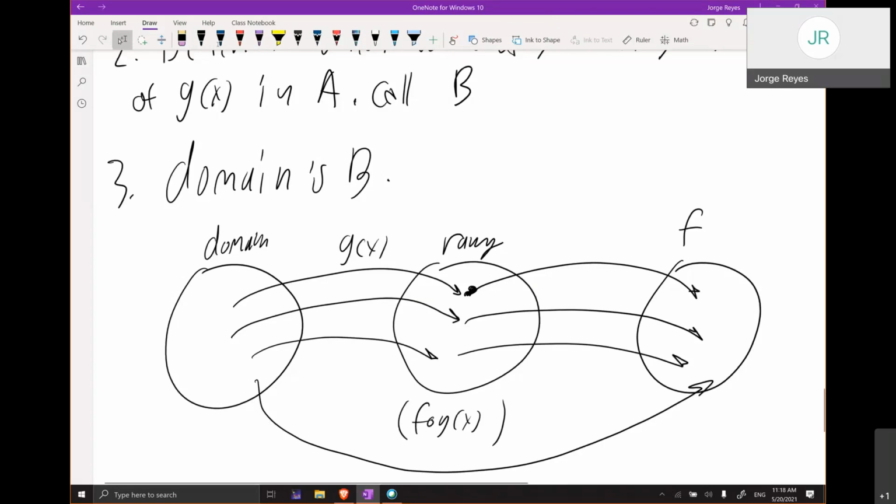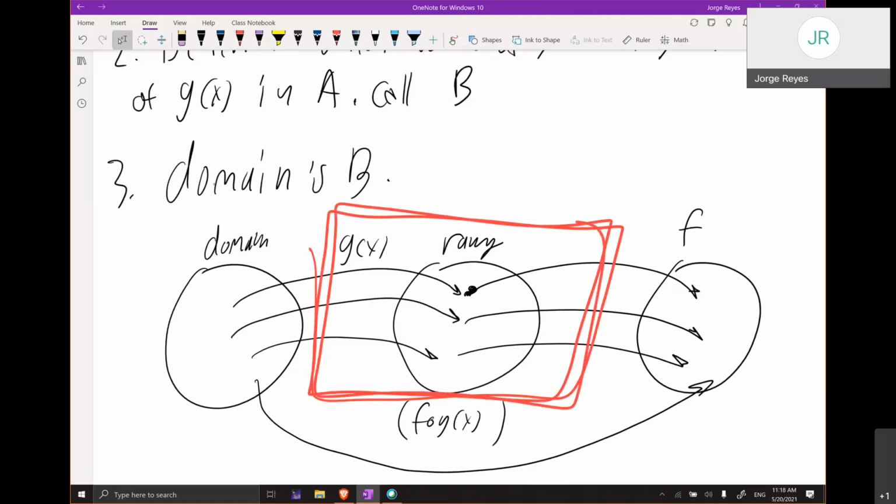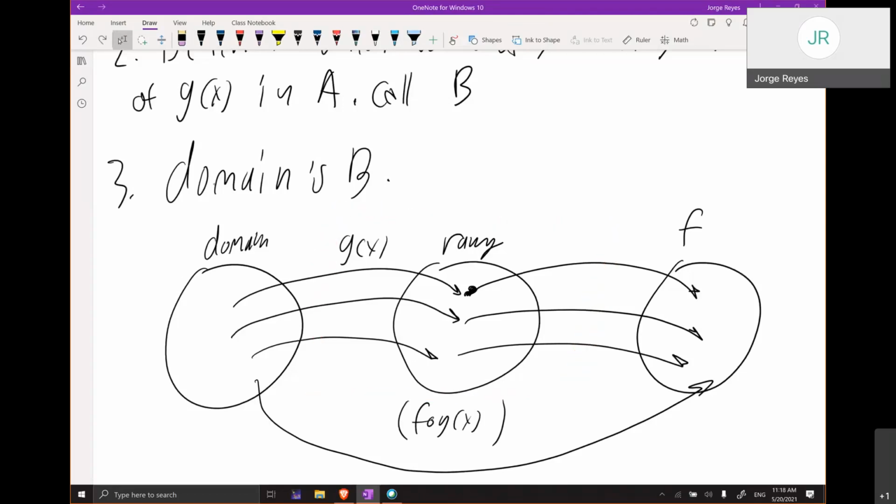But the problem is that I do have to do this middle step. So I need to make sure that the range of g is okay with the domain of f, because that's what I'm plugging into f. If that picture didn't help, let's just start doing examples.